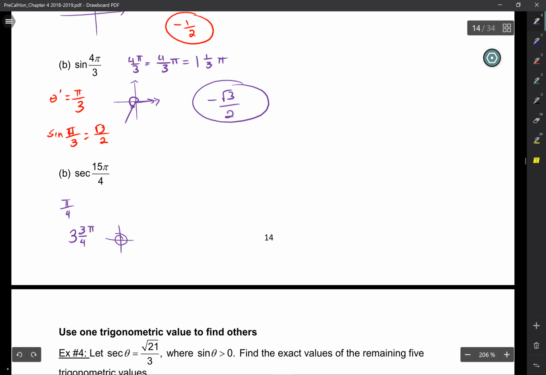So 2 pi, 3 pi, 3/4 pi, that's in quadrant 4. Right? So would secant, which is the buddy of the cosine, be positive or negative there? Positive. Okay. Secant of pi over 4 is root 2, right? We have 1 over root 2, 1 over root 2, so it's root 2.